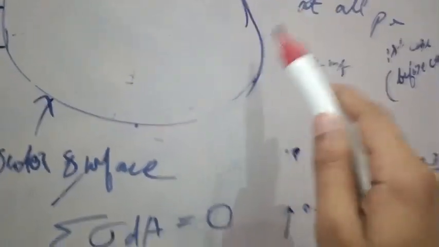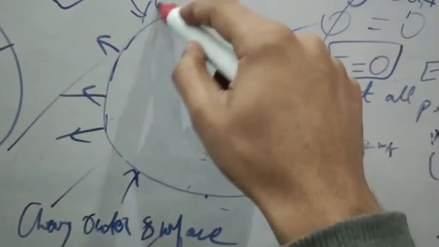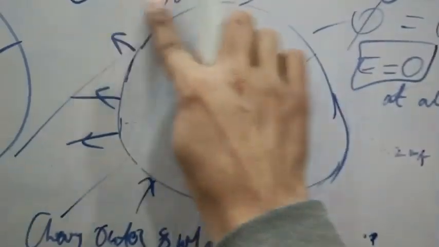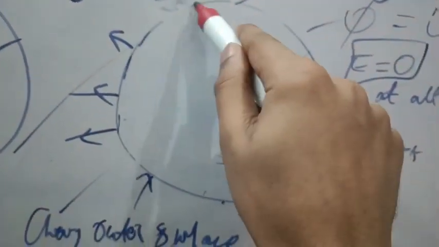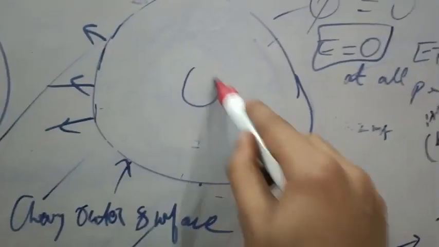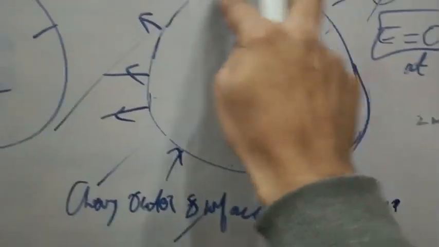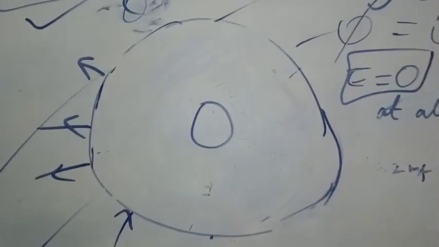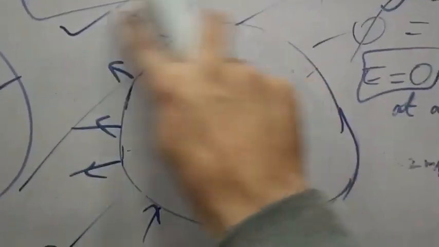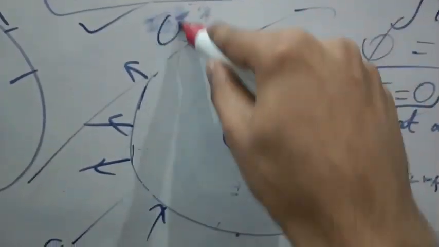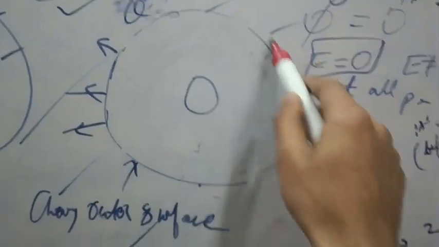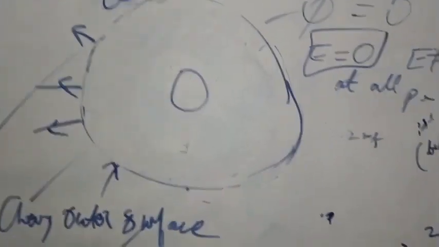But now let's start from the beginning. Let's say I have put some q charge on this body, and this is a cavity. Then all the charge will start residing on the outer surface, whatever the sign of q.